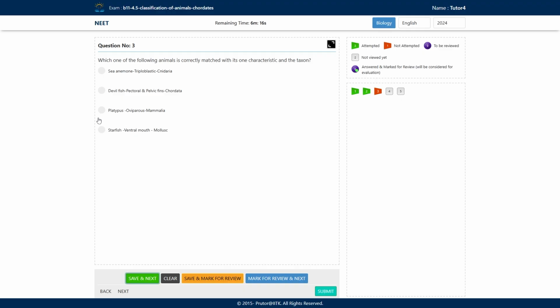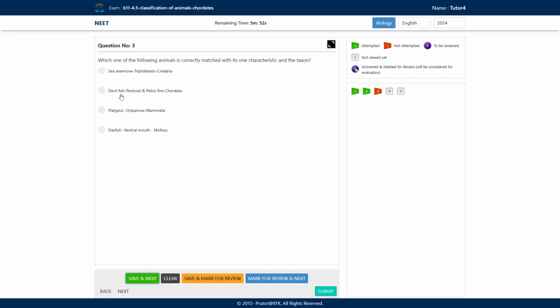See about this, option C. Think about this. Platypus, duckbill platypus. I've already told you that they lay eggs. So oviparous. But it belongs to class Mammalia. Devilfish, if you remember, it is octopus.